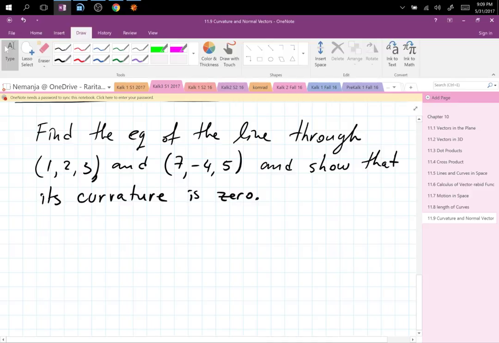Great. Now the unit tangent vector is this divided by its magnitude, right?